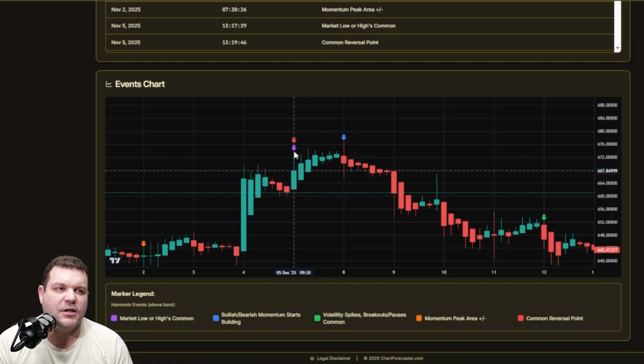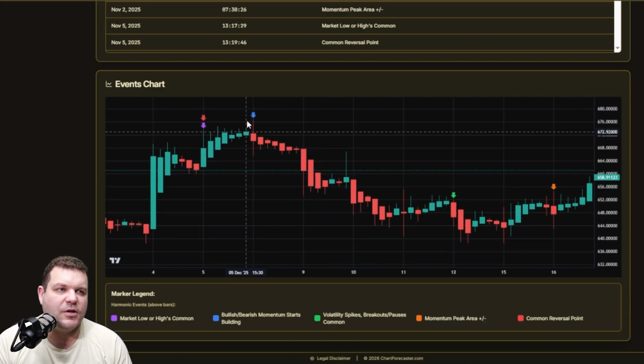For example, this is a market low or high and a common reversal point. So on this day, we saw a reversal happen, and it printed a bullish or bearish momentum starting pin very accurately.